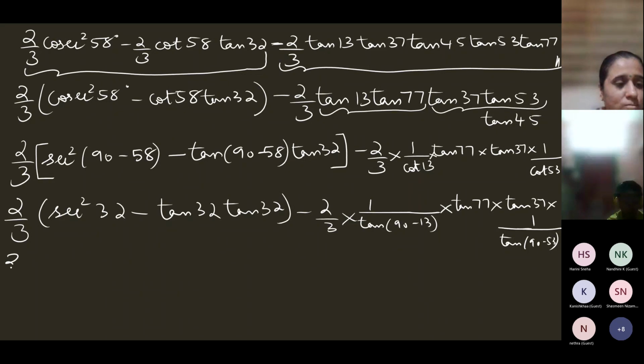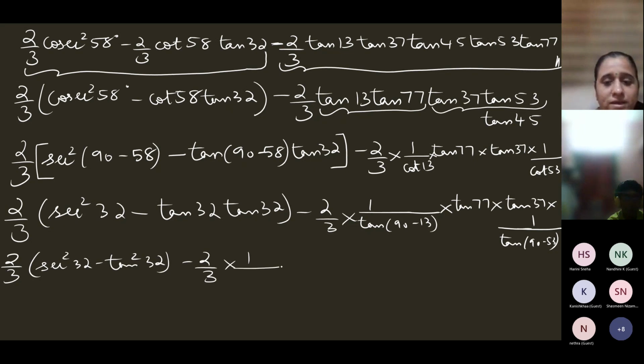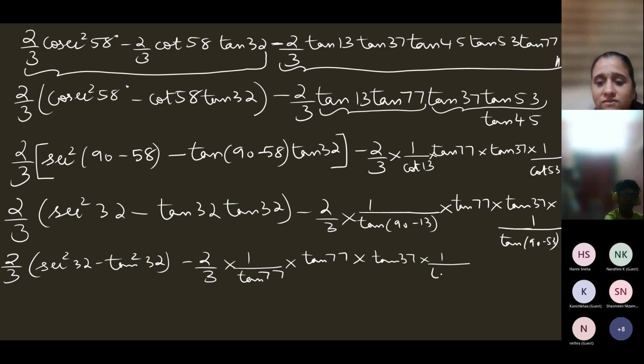So now this becomes 2 by 3 into secant square 32 minus tan square 32, minus 2 by 3 into 1 by tan 77 into tan 77 into tan 37 into 1 by tan 37, because 90 minus 53 is 37.